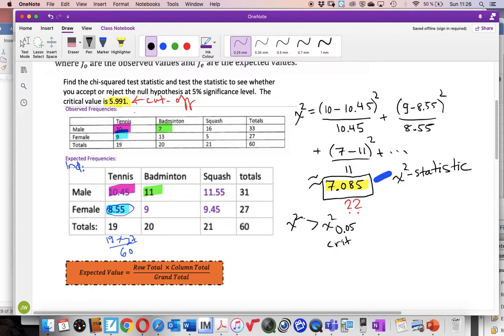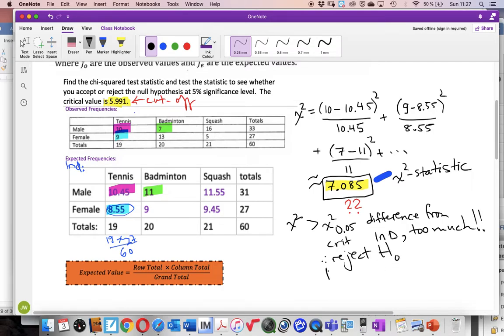if this is greater, then what we say is the difference from independence, we've deviated too much. Something is happening that is throwing our observed values off so much that we are going to reject our null hypothesis.